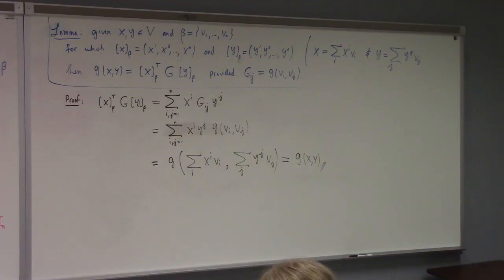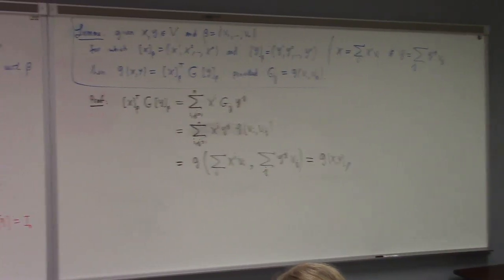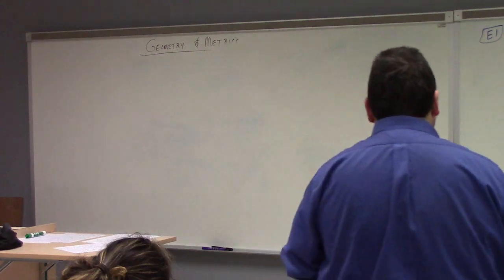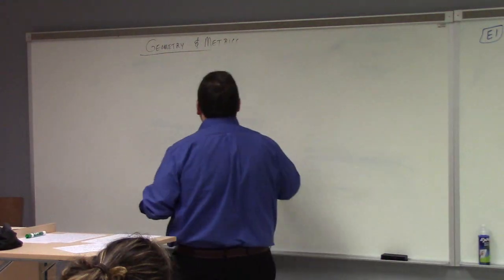The theorem is that if we have the matrix of a metric, that matrix must be symmetric and non-degenerate. In other words, invertible. Let's see here.